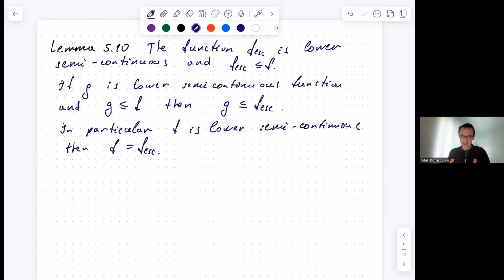We will apply this lemma. We will get a lower semi-continuous function using this type of regularization. And then our goal will be to show that with this new function, you also have the large deviation principle. But before, we need to prove that lemma.